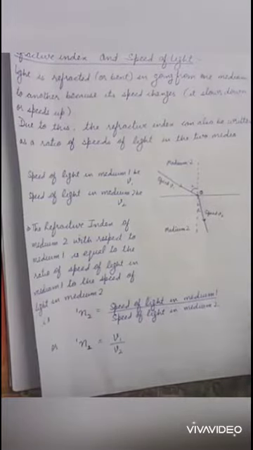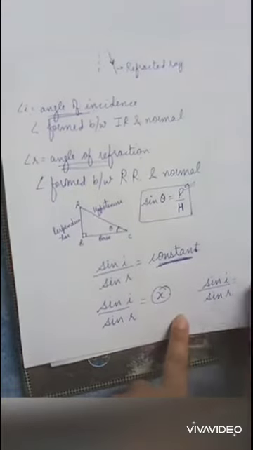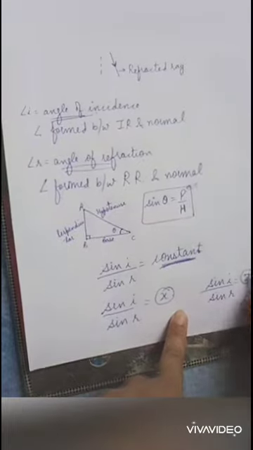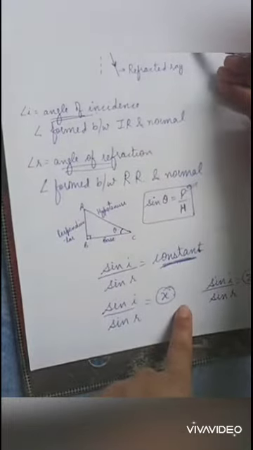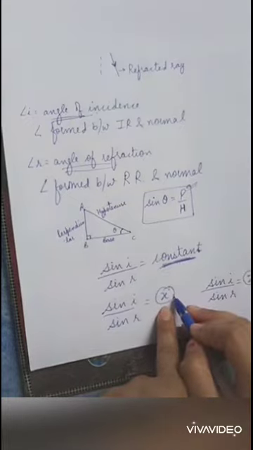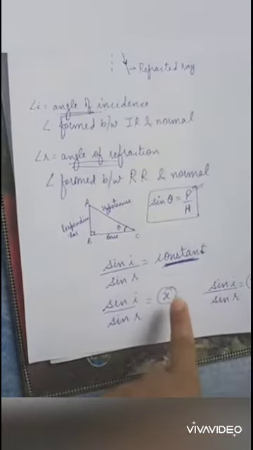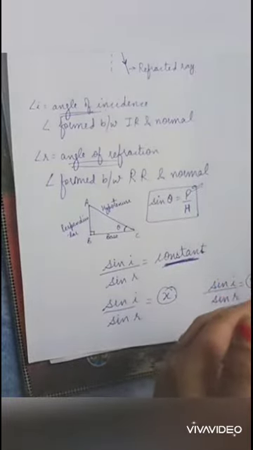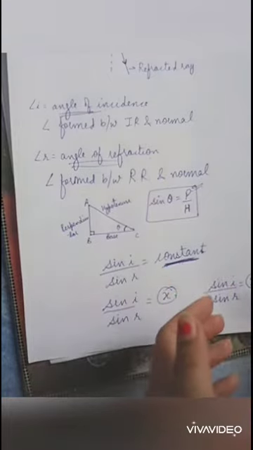Now I replace the second medium with water, and the ratio of sine of angle of incidence to sine of angle of refraction will be z. So when we change the mediums, the value of refractive index also changes. It is concluded that the refractive index of different mediums is different.